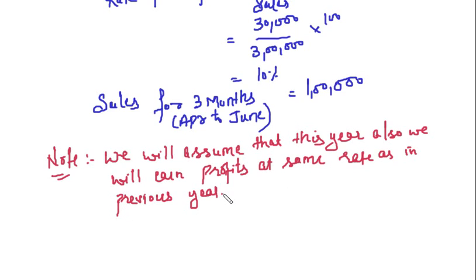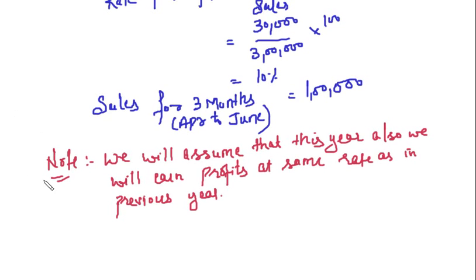Clear? This is the basic assumption of this. He says we will assume that this year also we will earn profits at the same rate as in the previous year. That means this year also we'll be earning profits at the rate of 10%.